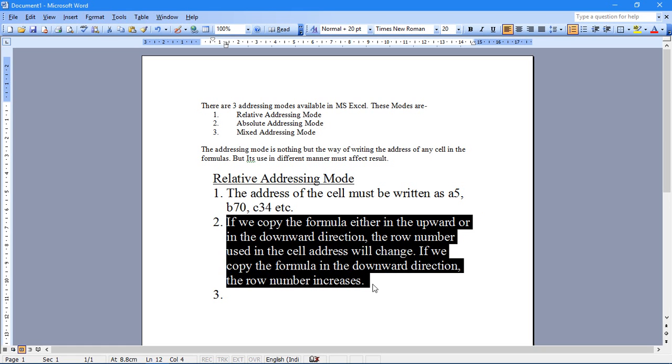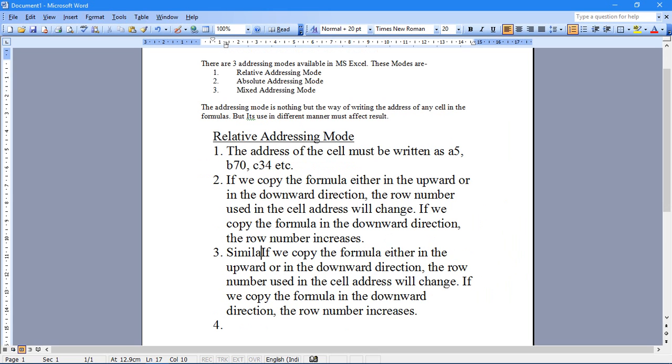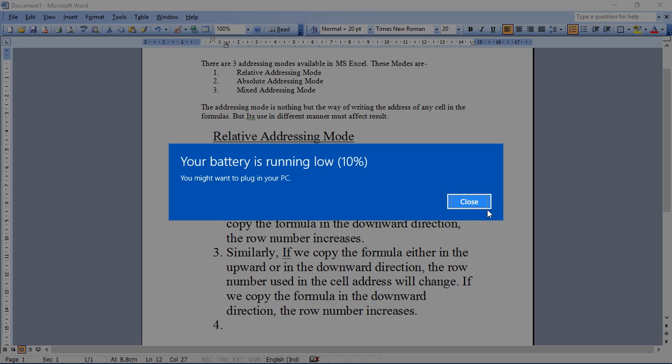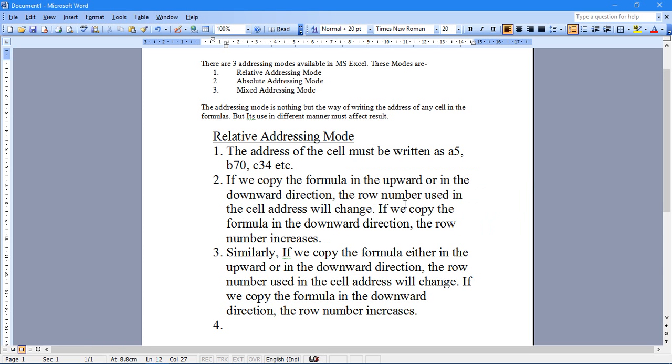Similarly, if we copy the formula in the upward direction, sorry, I have to modify it.